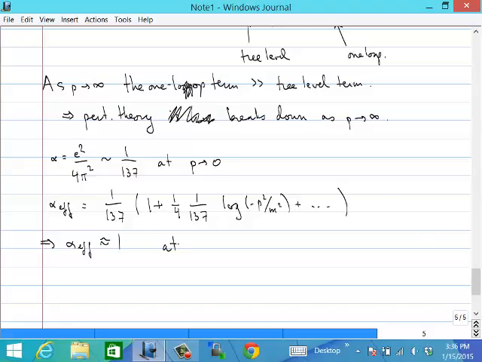And you see that because of this logarithm here, p is actually going to have to be exponentially large in the electron mass m in order for alpha effective to be of order 1. If you put in the numbers, I think it's about 10 to the 286 electron volts. Okay. That's very, very high energy. Much higher energy than anything that's going to actually be relevant for any sort of particle physics.